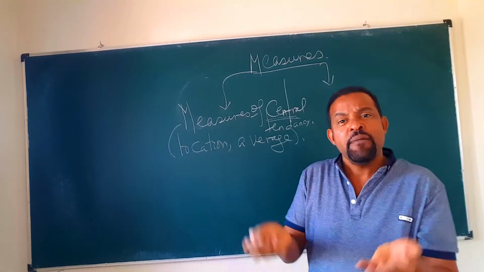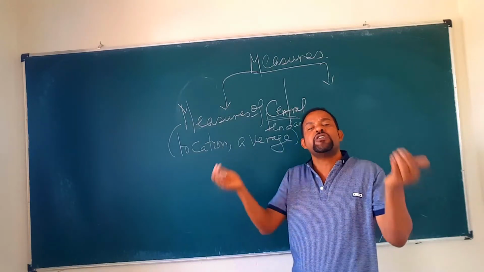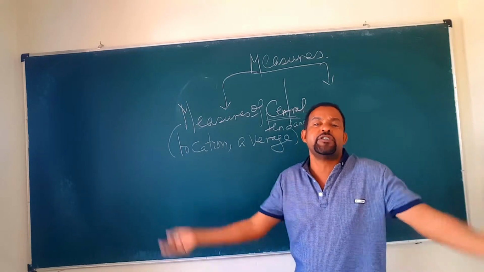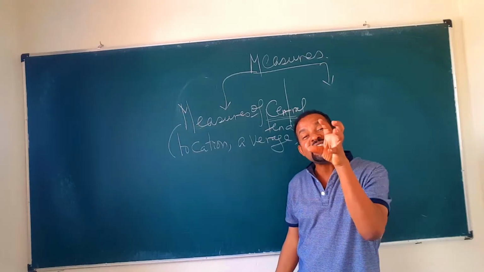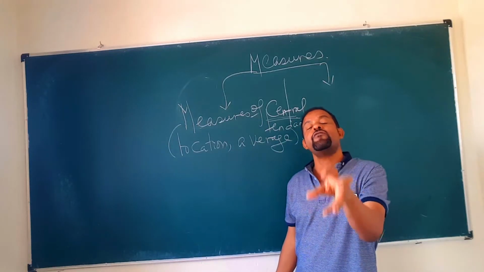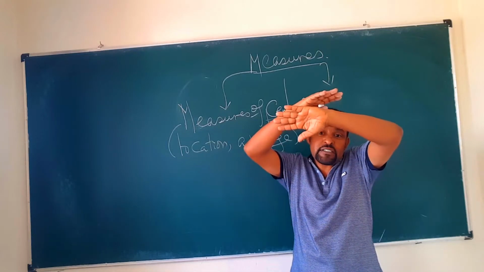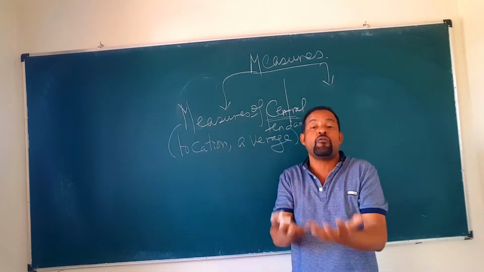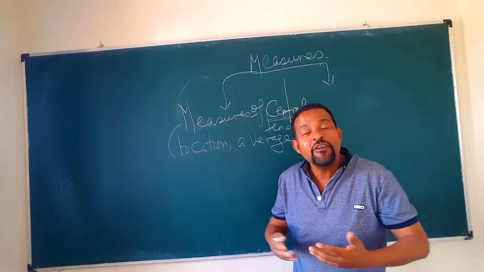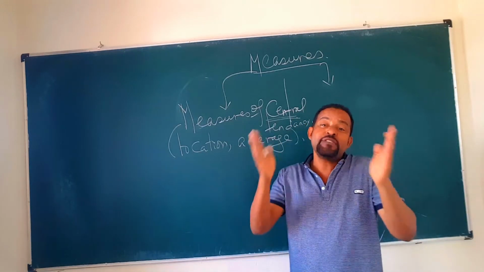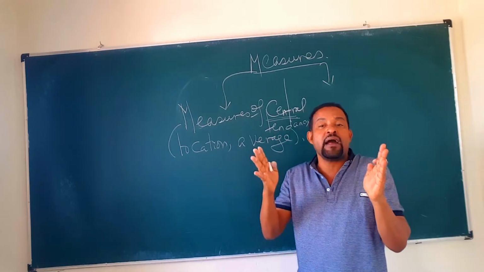So they focus on the central values, on the average of the data. ስለዚህ የተሰበሰበውን ዳታ አጠቃላይ average calculate እናደርግና then a kind of numerical value እናገኛለን.